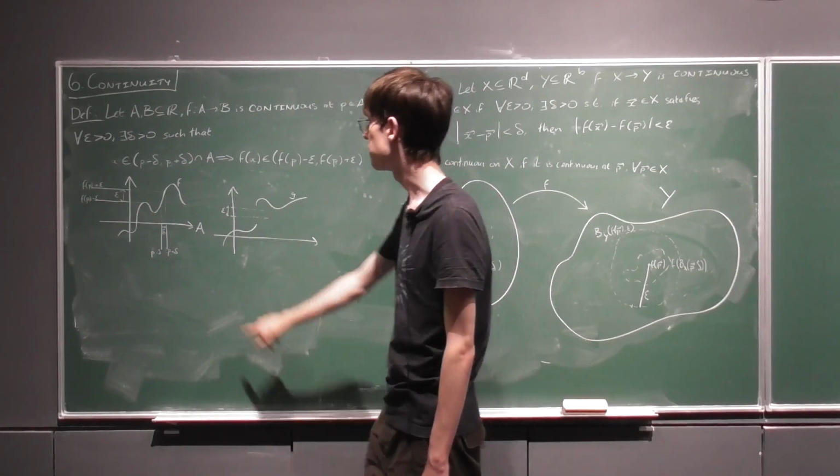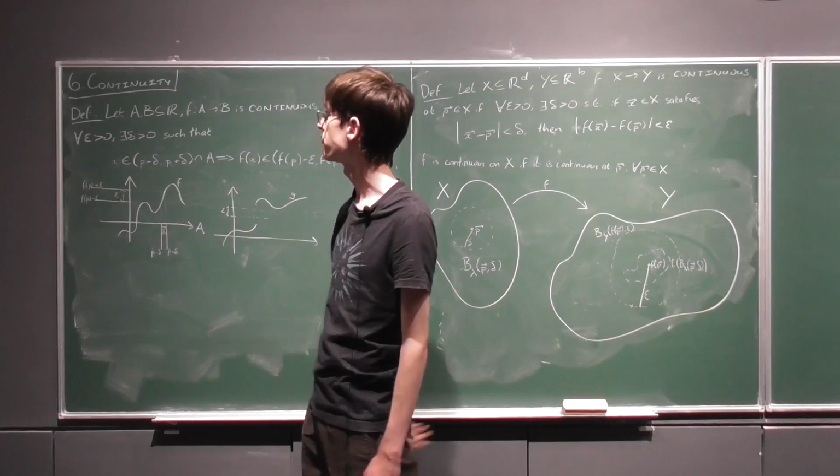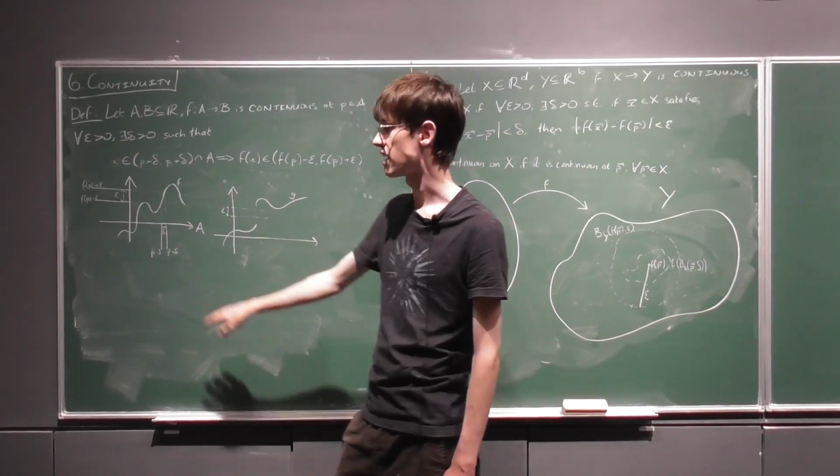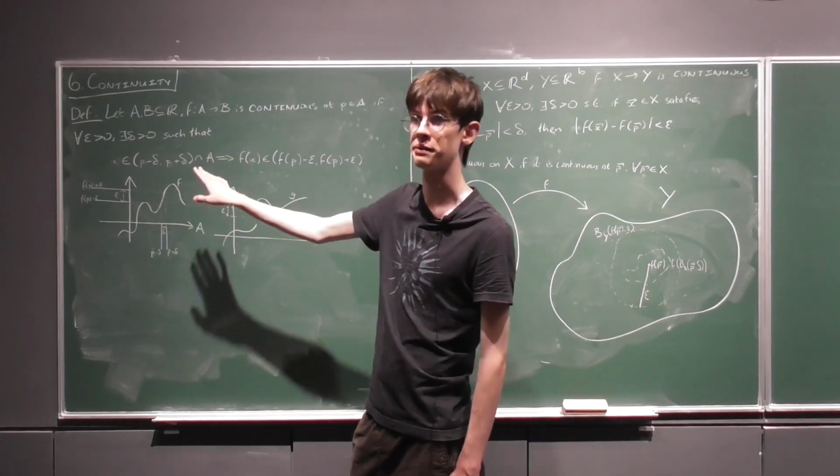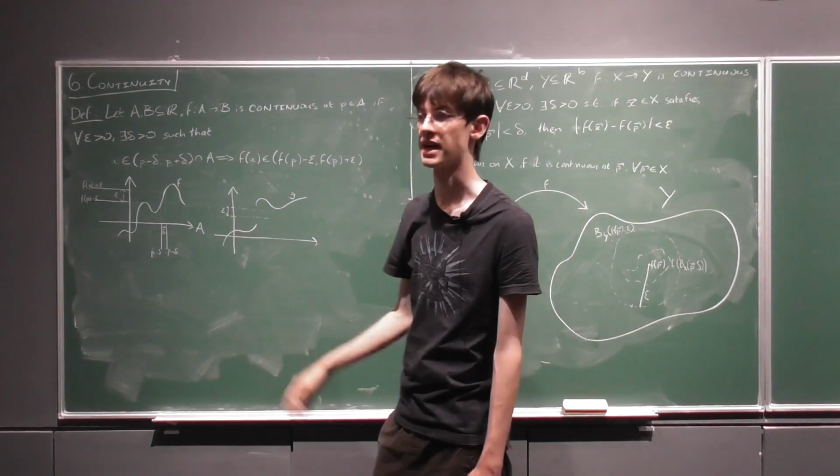So therefore we can say p, which just lies somewhere in the middle, f is continuous at p. And if f is continuous at all points p within A, we say f is continuous on A.